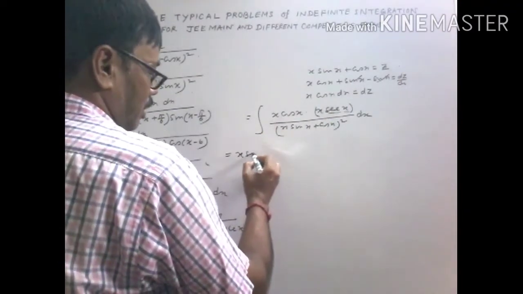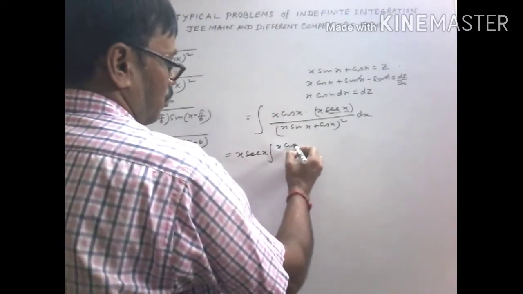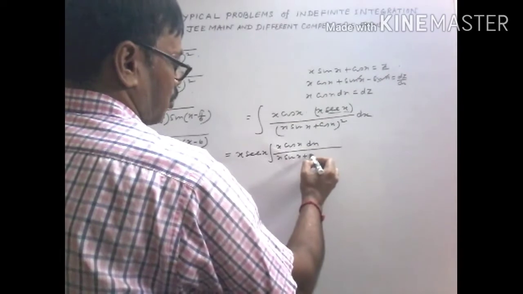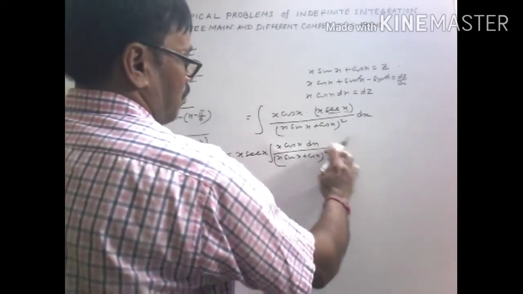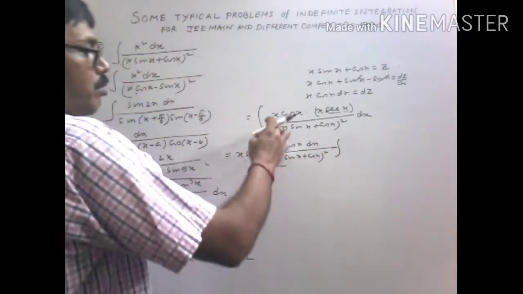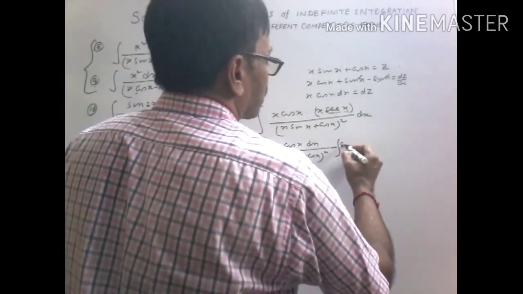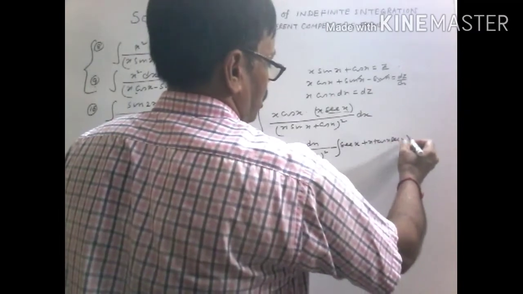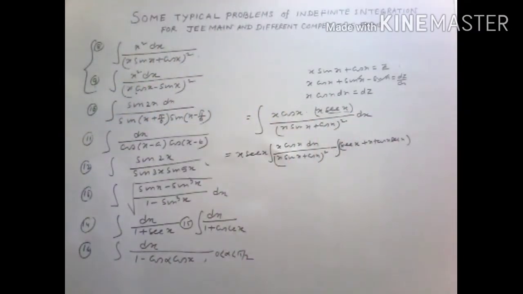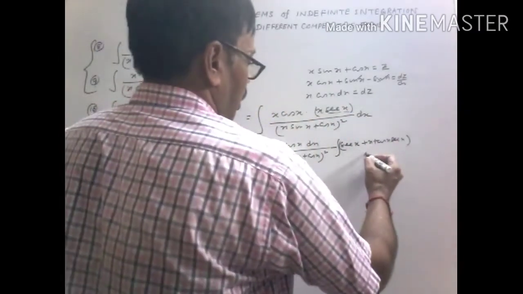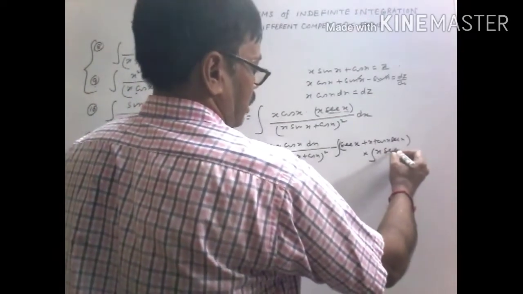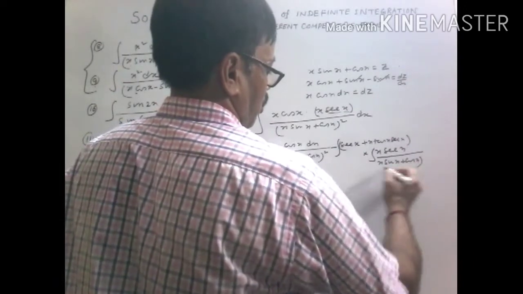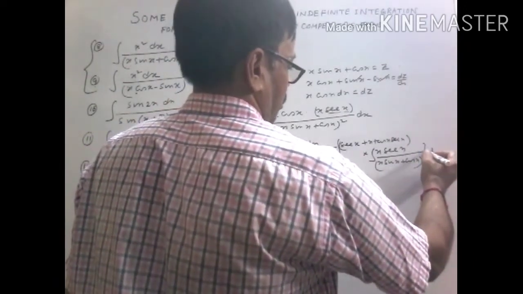First function unchanged, x sec x unchanged, integration of x cos x dx by x sin x plus cos x whole square, minus derivative of x sec x, so x tan x sec x. So this is derivative of this into integration of x sec x by x sin x plus cos x whole square, total dx.